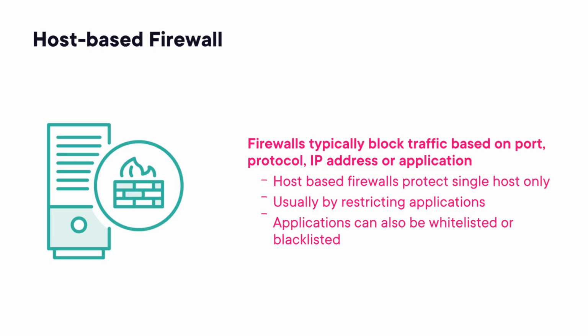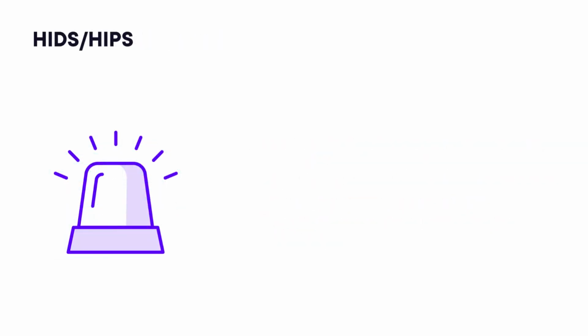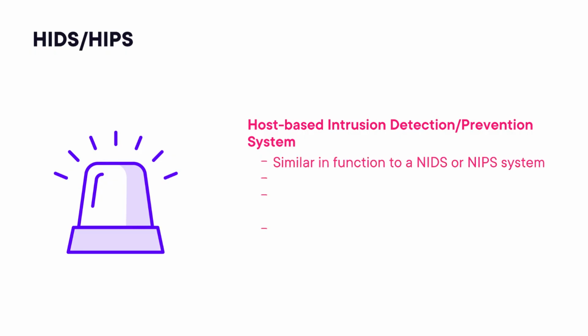Next, we have something referred to as HIDS or HIPS, and that stands for Host-Based Intrusion Detection or Host-Based Intrusion Prevention System. It's similar in function to a network intrusion detection system or network intrusion prevention system. Again, we are talking about a host level versus a network level.